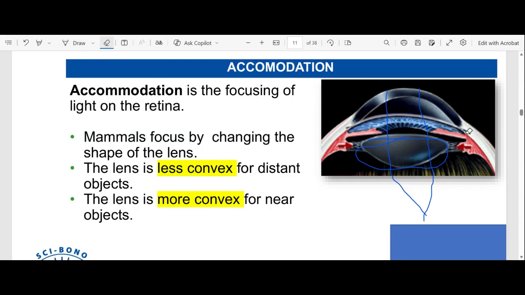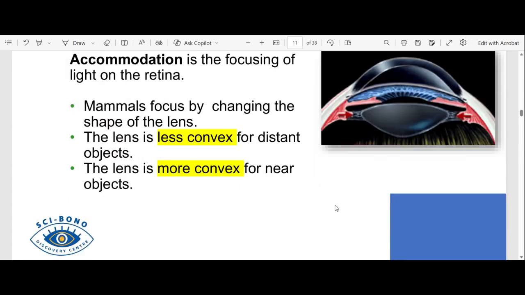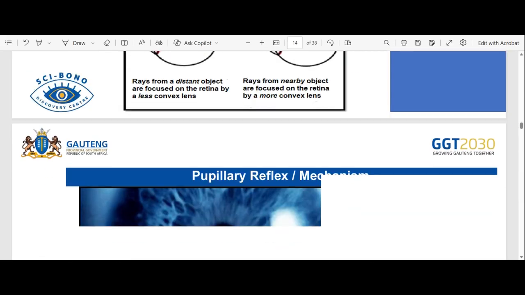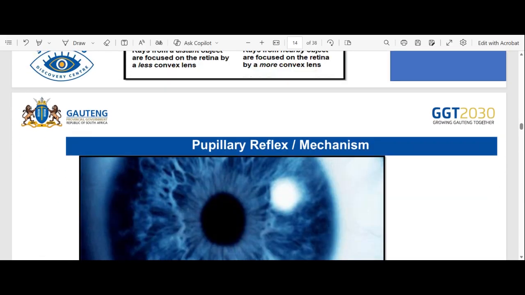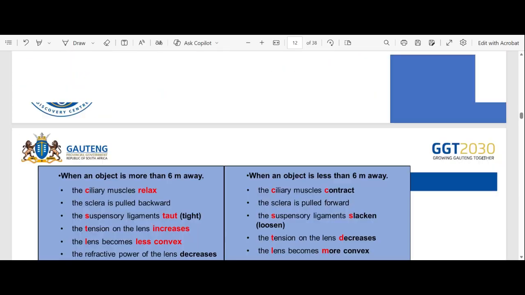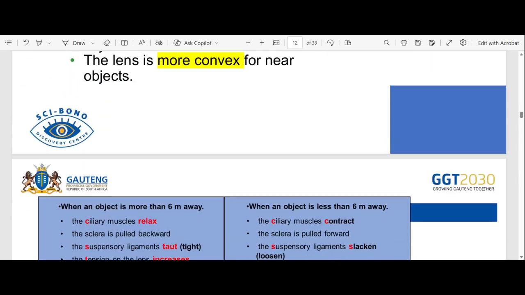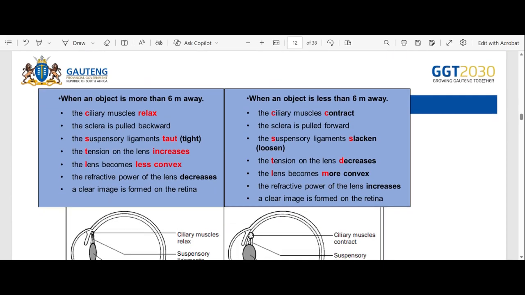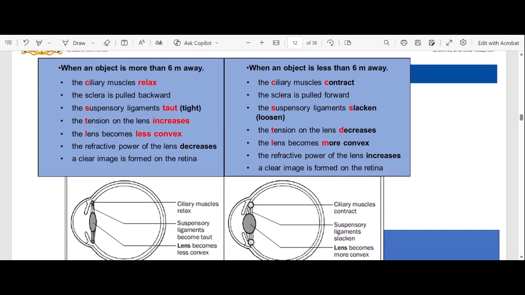Okay, let's continue. Let's get into the process so that I can show you the process. Okay, now let's look at accommodation.